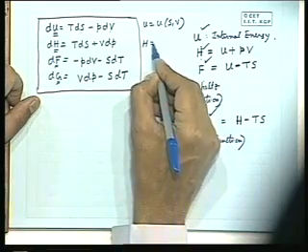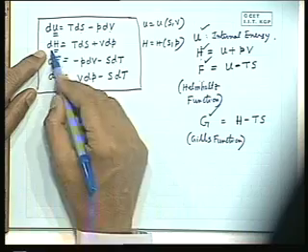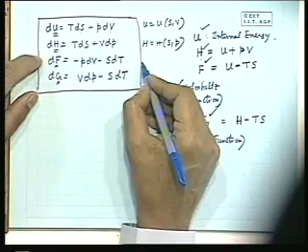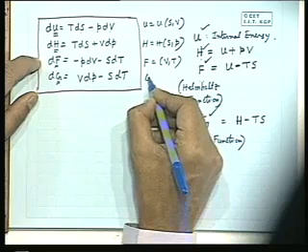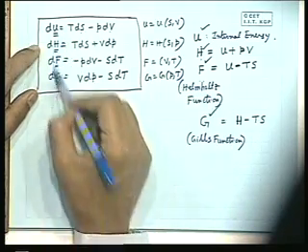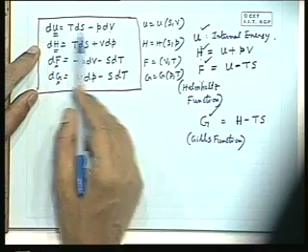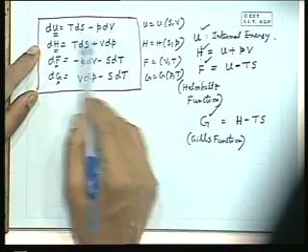Similarly, if I express H as a function of S and P, we could have expanded and written this expression. Similarly, F as a function of V and T and G as a function of P and T. That means these point functions are expressed in terms of the differentials of the other 2 point functions as independent variables.